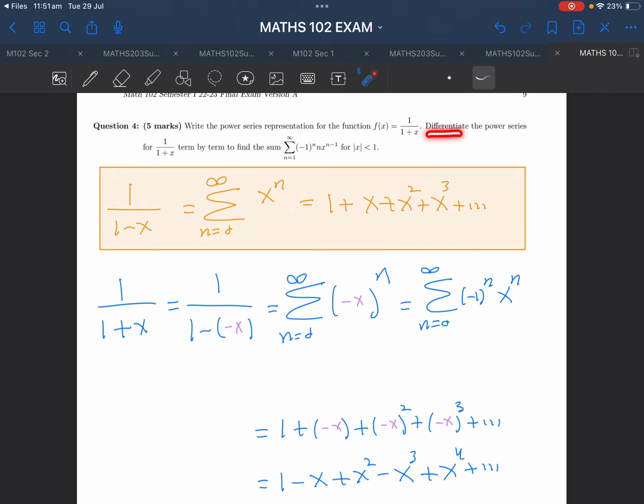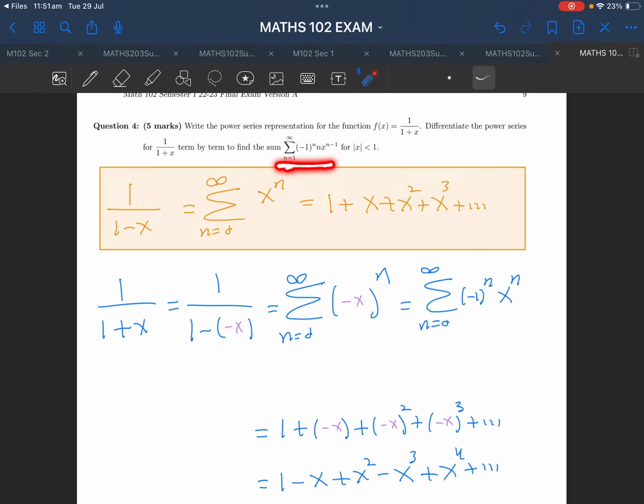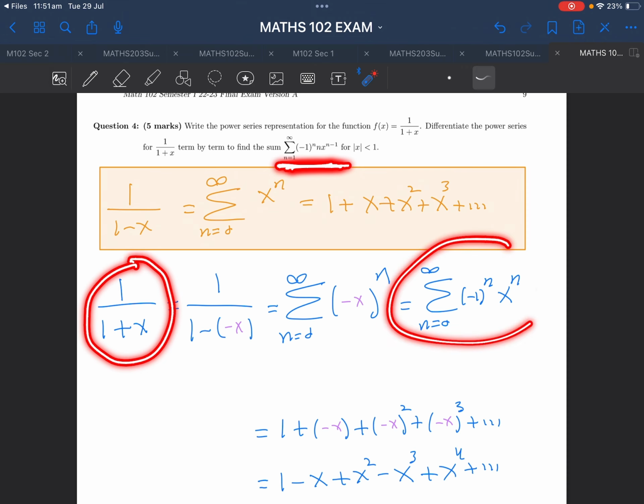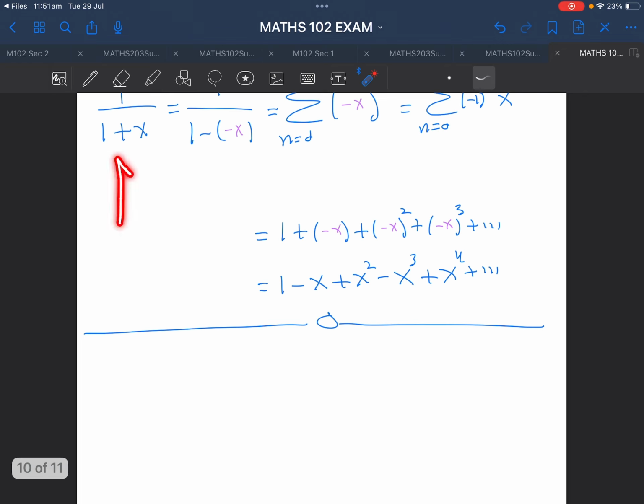Next, it asks me to differentiate the power series for this one term by term to find the sum. So we need to take this one and find the derivative. Since it's only using the closed form, I will just take the derivative of this and the derivative of this. And let's see what will happen. How do we find the derivative of this one? Well, there are many different methods.